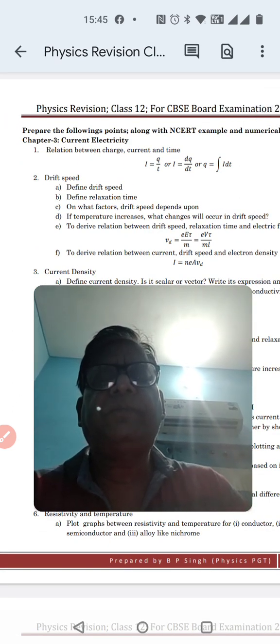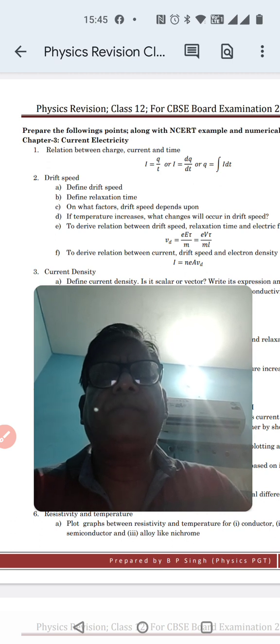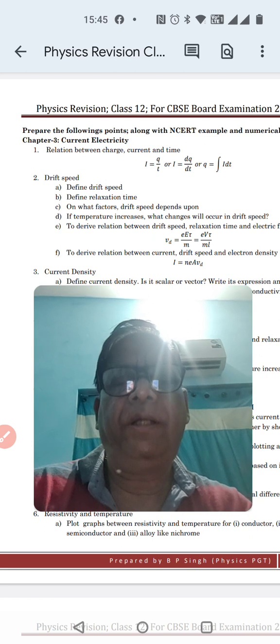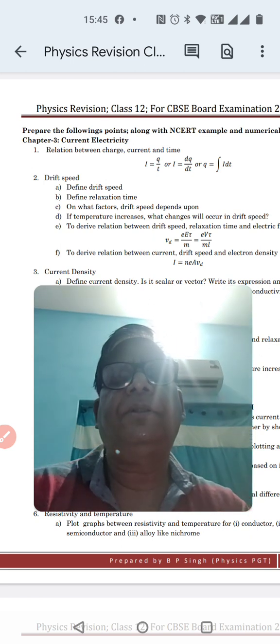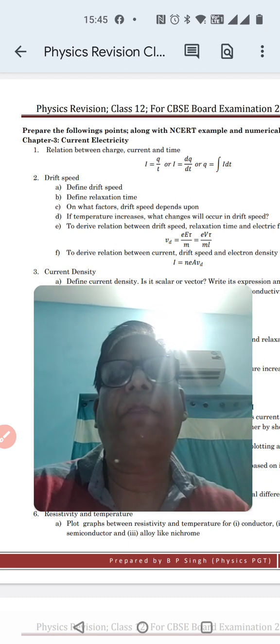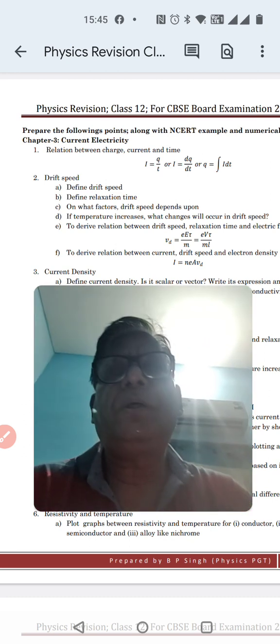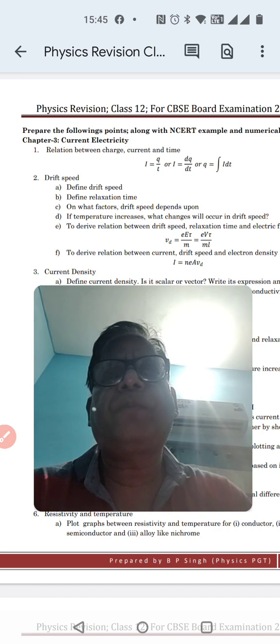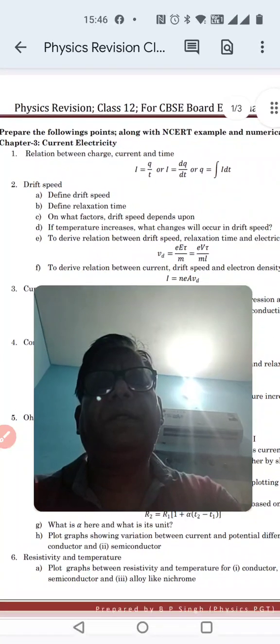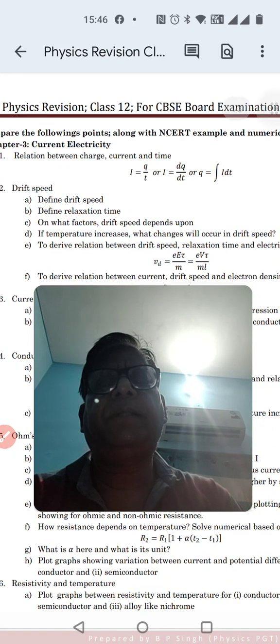Few topics of these chapters have been deleted and which are mentioned in the last of the page. Here you should know the relation between charge and current, charge, current and time.